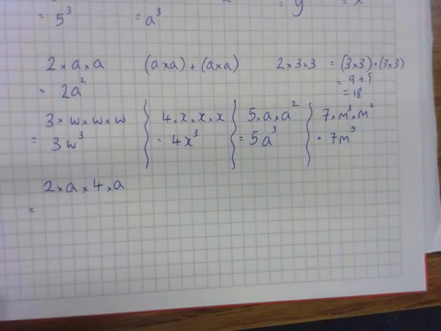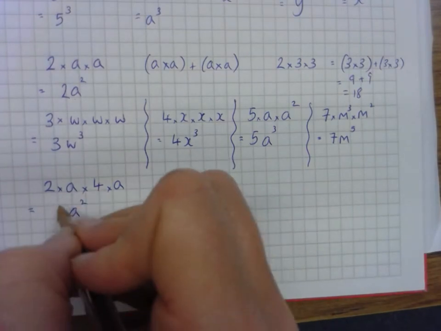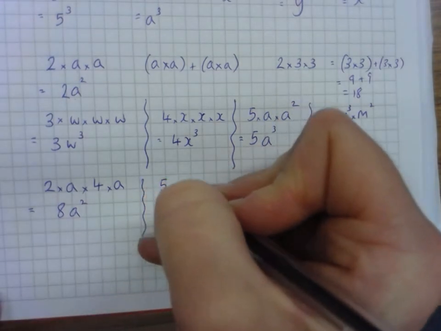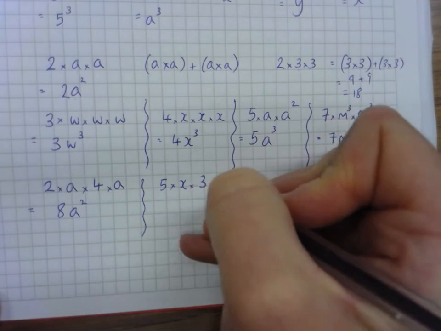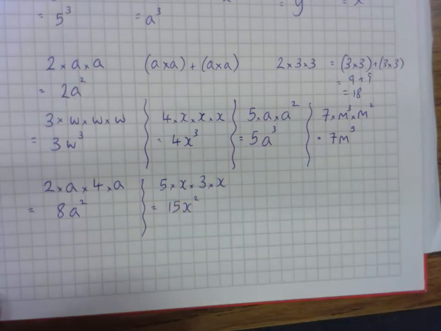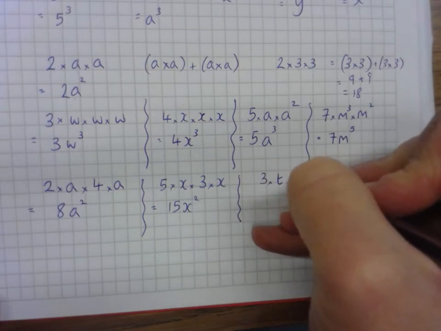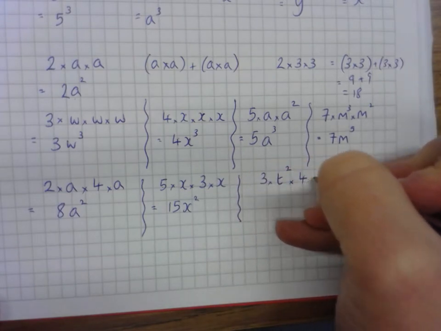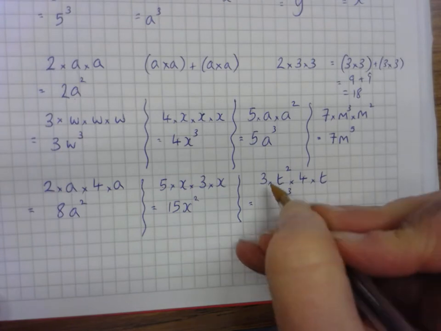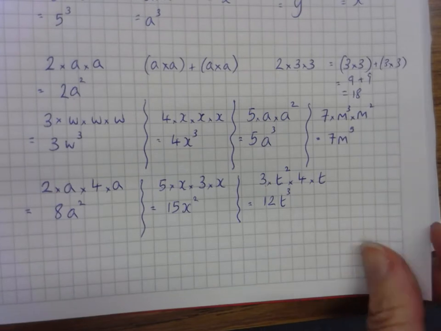So then I multiply my a's together and get a squared, and I multiply my 2 by my 4 and get 8. 8a squared. 5 by x by 3 by x will be x by x is x squared. 5 by 3 is 15, so it's 15x squared. 3 by t squared by 4 by t will be t squared by t is t cubed, and 3 by 4 is 12.